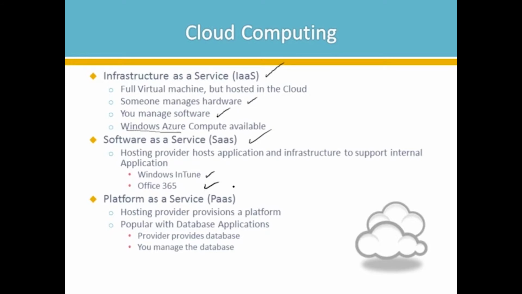A third category of cloud computing is something called Platform as a Service, or PaaS, which means the hosting provider will provision the platform, and this platform is how we're going to host all of our database applications. Now, they'll provide the database, and then, of course, we get to manage it.